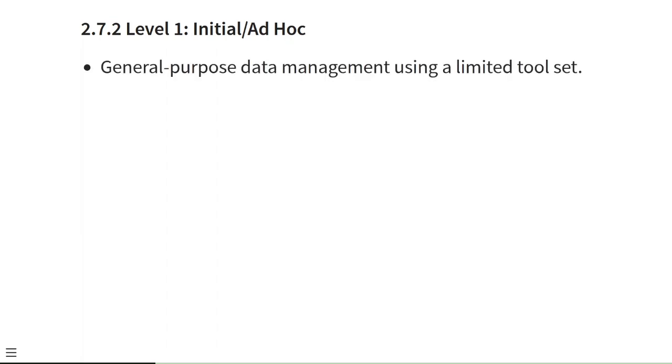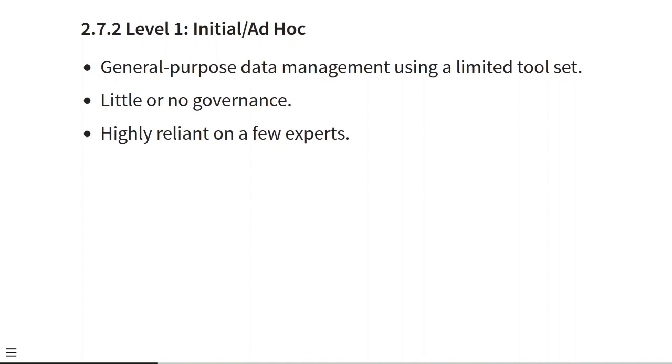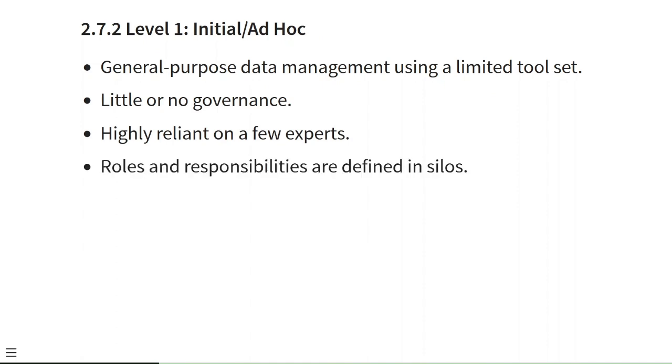Level 1, initial ad hoc. Examples of organizations at this level include general purpose data management using a limited tool set. There's little or no governance. Organizations are highly reliant on a few experts.